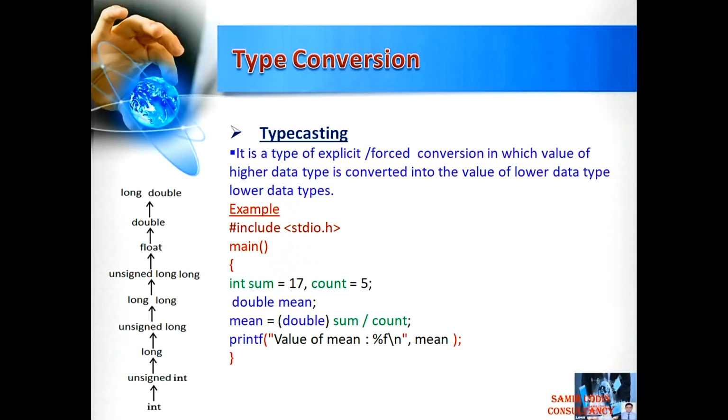Here you can see also an example: int sum 17, count 15. Here the integer is type cast to double. So these are type casting and type conversion.